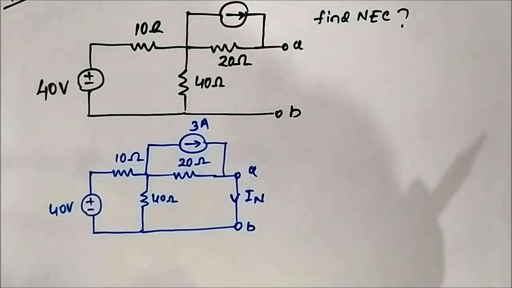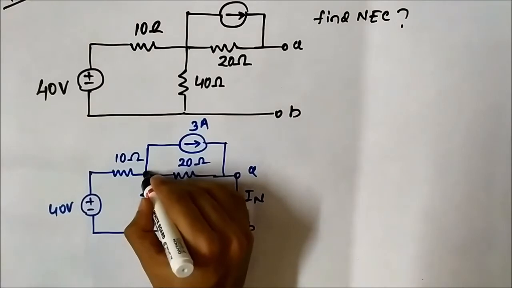We can use mesh analysis or we can use nodal analysis. Mesh analysis will give us a lot of equations, so we will go for nodal analysis. Let us try to solve it using nodal analysis.